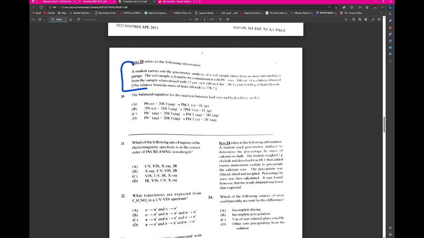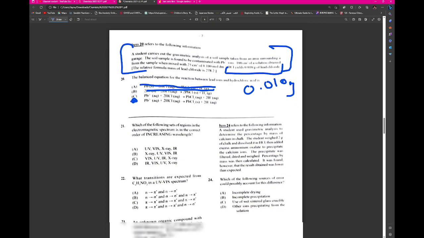Notice how all of this is useless, except for a little piece of it: the yield of lead chloride. We know that lead ions will be used. Therefore, A and B are not saying anything useful. But looking at the yield, we have 0.010 grams of lead chloride, so we can see that it is sparingly soluble.